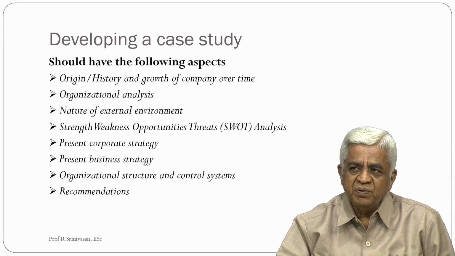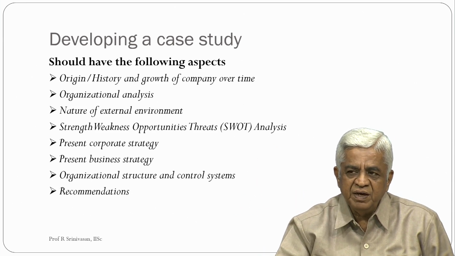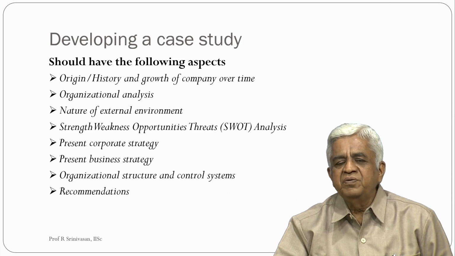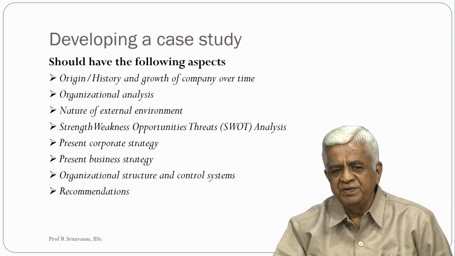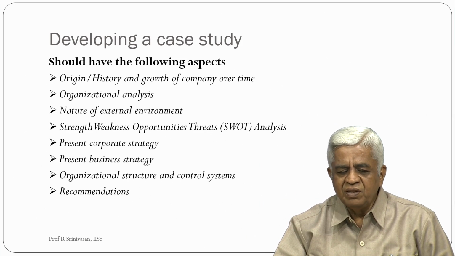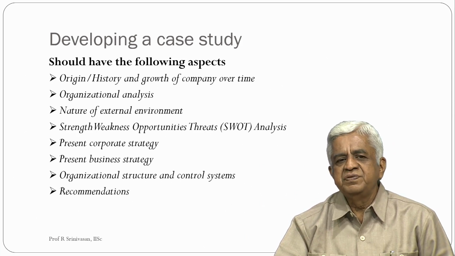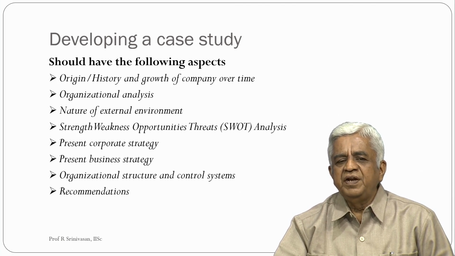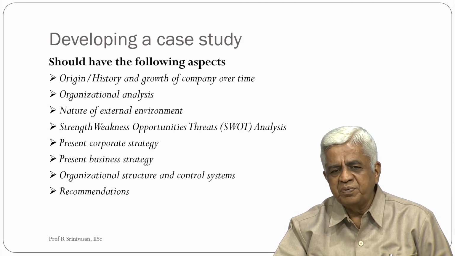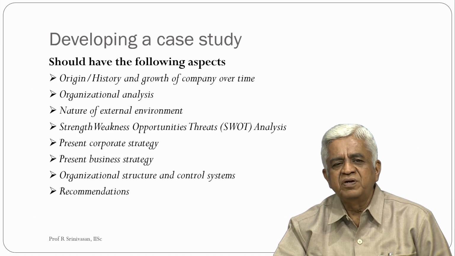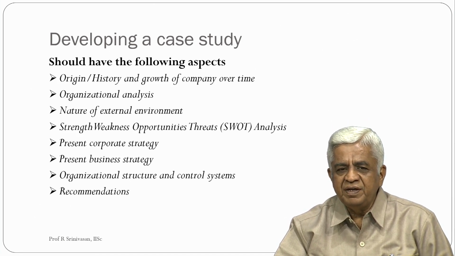So, how does this whole process of decision making percolate down the layers in an organization? All this will help you to make recommendations on the different aspects of the problem that is touched upon in the particular case.